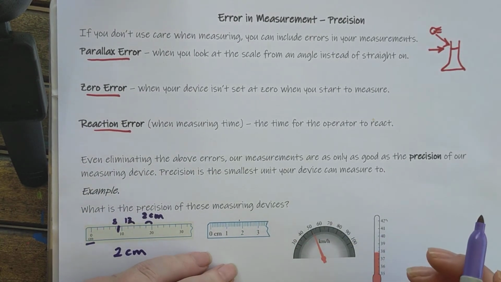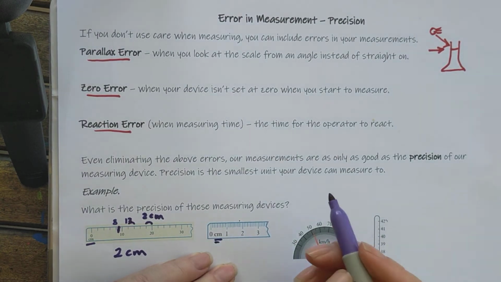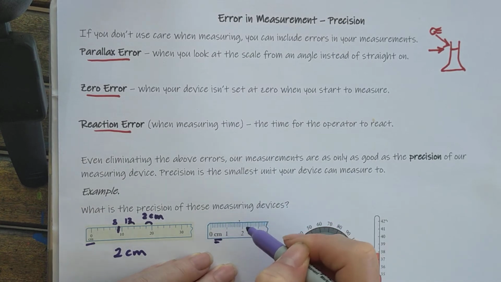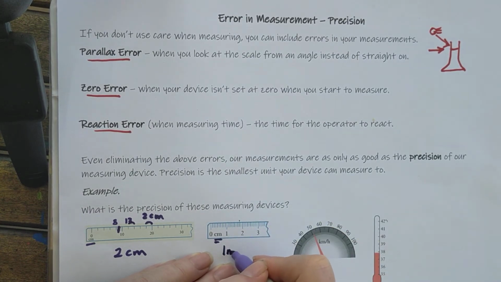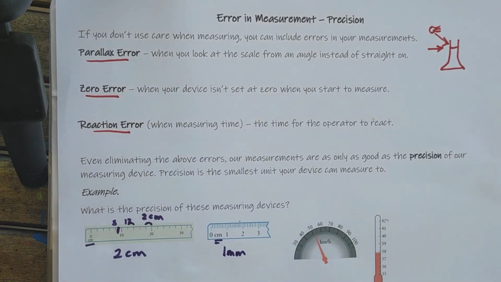If we have a look at this example here, again we're measuring in centimetres, but this time we've measured down to the 1 millimetre. Each of the lines in between on our measuring device comes in at about 1 millimetre. So more accurate, I can measure to the closest millimetre here, whereas on this ruler I can only measure to the closest 2 centimetres.